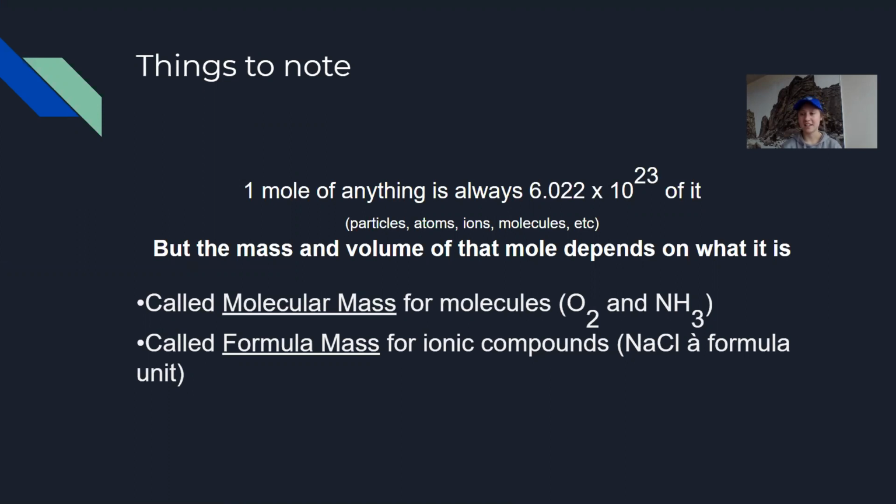So 1 mole of anything is always Avogadro's number. But the mass and the volume of whatever mole it is depends on what the actual substance is. So a mole of water versus a mole of calcium is not going to be the same mass because their atomic weights are different.